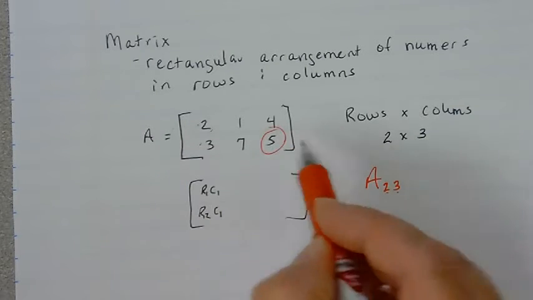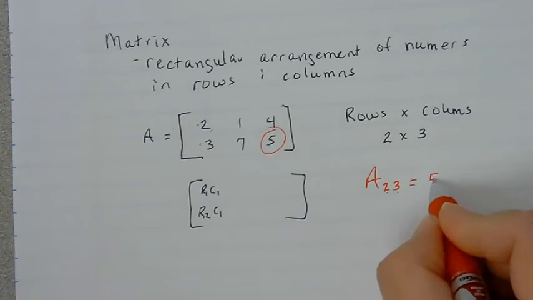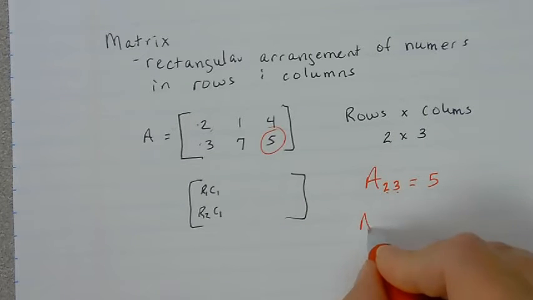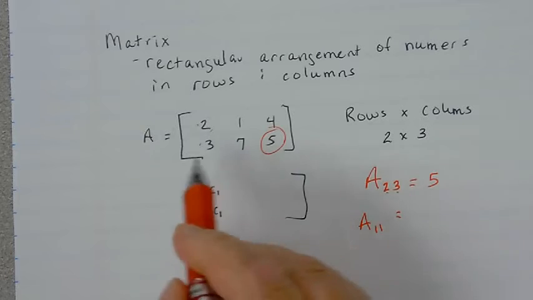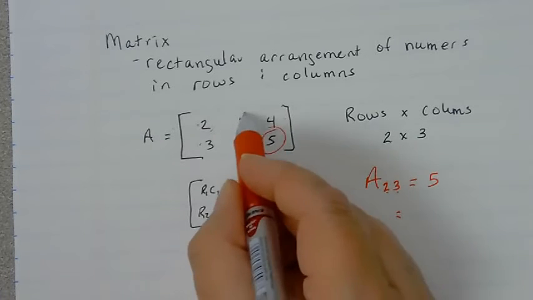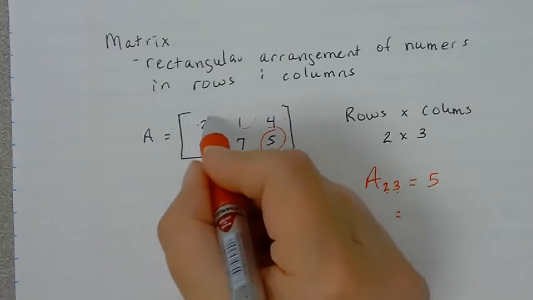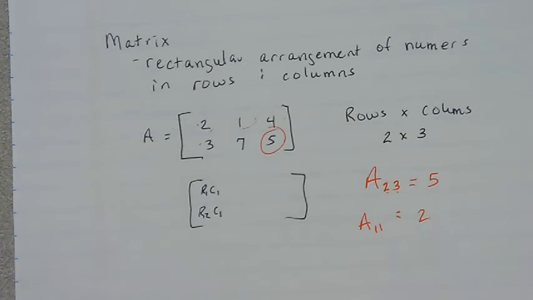So row 2, spot 3, I would say A 2,3 is 5. If I asked you to find A 1,1, row 1, column 1 would be 2. So that's how you find elements of a matrix.